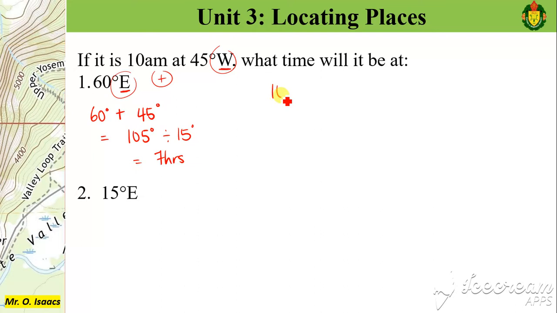It means that you're going to add 7 hours to the 10 a.m. So if we add that, we're going to get what? 17 hours. And if we convert this to PM or AM, then this is going to be what time? It's going to be 5 PM, right?